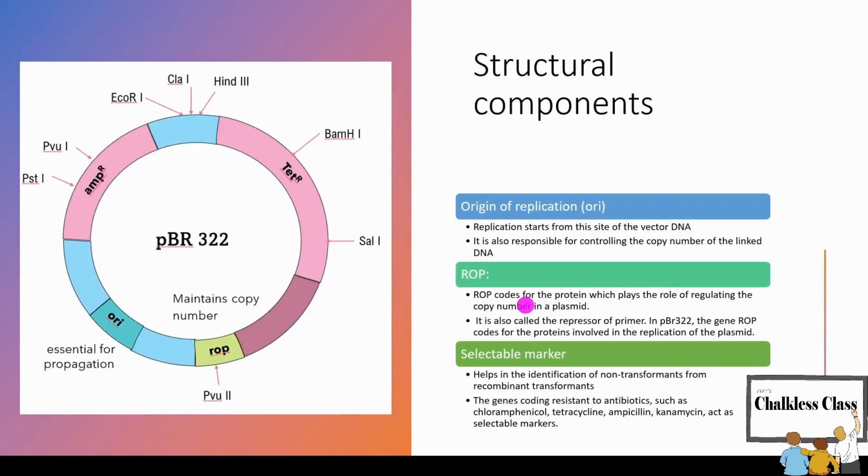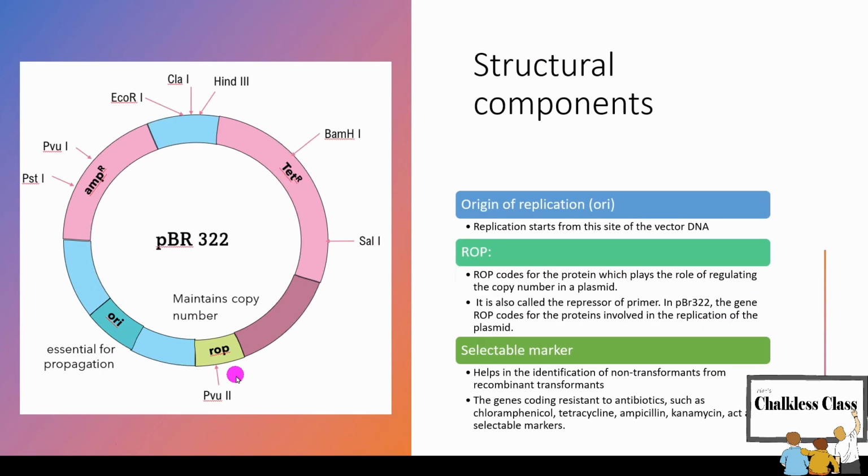Now let us see what one typical vector needs. It needs one ORI site, the origin of replication. From this point, the replication of the vector starts. It is also responsible for controlling the copy number of the linked DNA. That is the function of the ORI site.